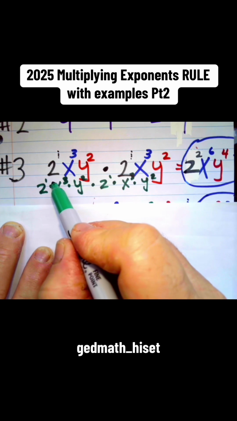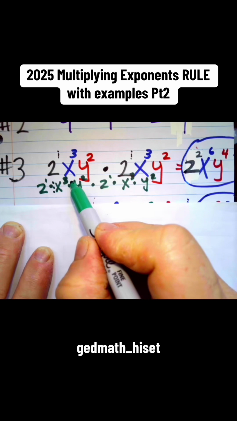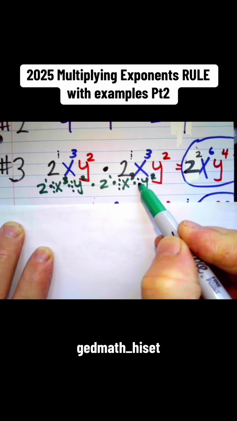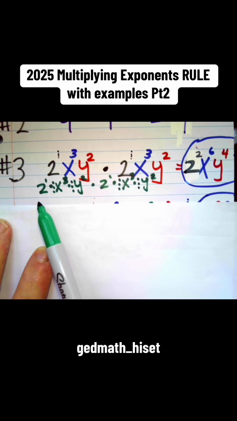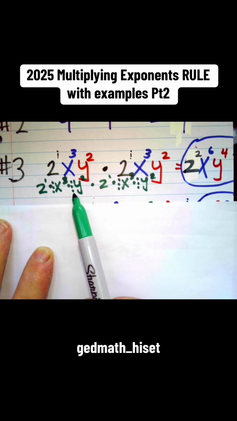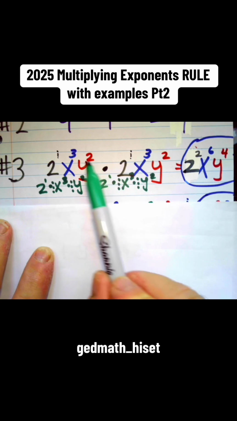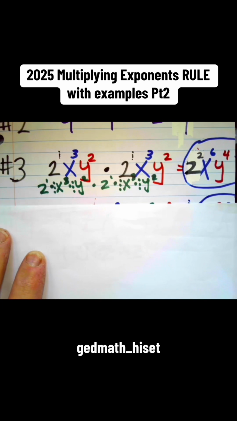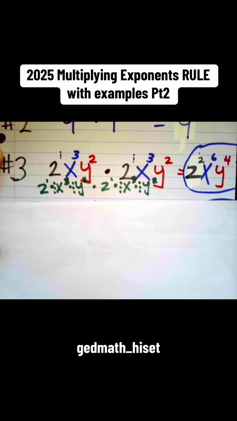And remember, there's invisible ones in front of these variables that don't have a coefficient or number. So again, 2 times 1 is 2x, 2 times 1 is 2xy, and that's what gives you the term up here above. So hopefully that gave you a little bit further of an explanation. Again, hopefully I didn't confuse anybody with that further explanation.